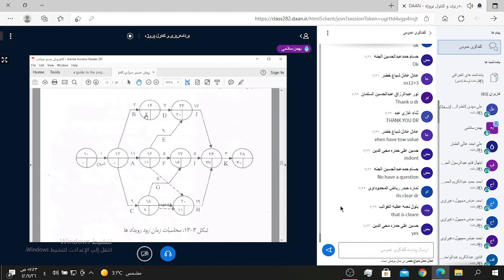For node 14, for finding this ES, we should use ES for node 12, means 0. 0 plus duration of activity B means 3 equal 3. 0 plus 3 equal 3.